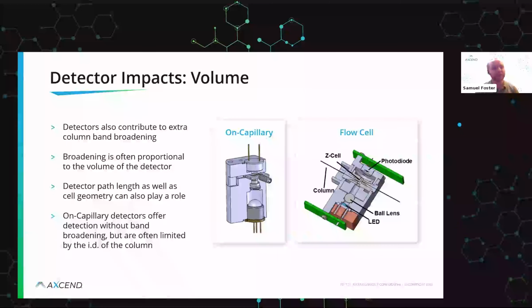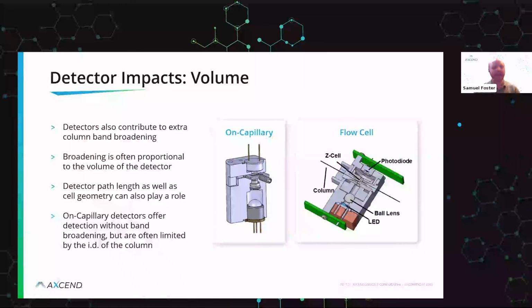And if you think about Beer's law, where absorbance equals epsilon b c, your path length plays a considerable role in the actual signal that you see. The longer your path length, typically the higher absorbance you'll see. Now, that isn't always the case because that path length does count as tubing. And the longer your tubing, the more broadening you have. And so you have to factor in that even inside of your detector, you're going to be experiencing broadening.